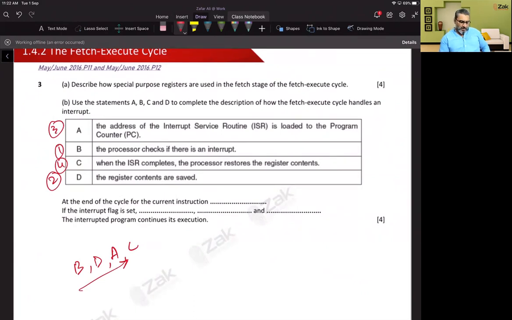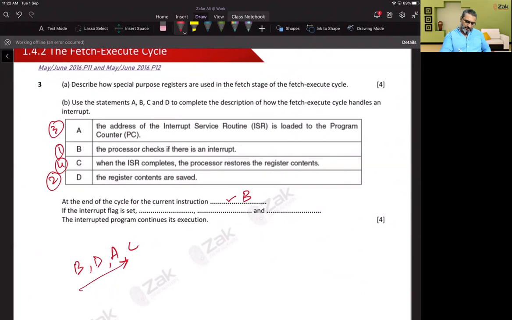At the end of the cycle for the current instruction, the processor checks if there is an interrupt. B, the interrupt flag is set.